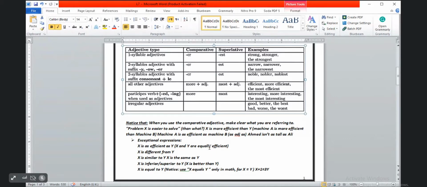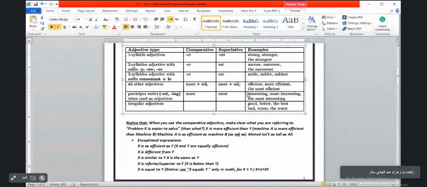Okay, in the other cases, besides those with ER and EST, we use more and most, like efficient, more efficient, the most efficient. Useful, more useful, the most useful. Amazing, more amazing, the most amazing.